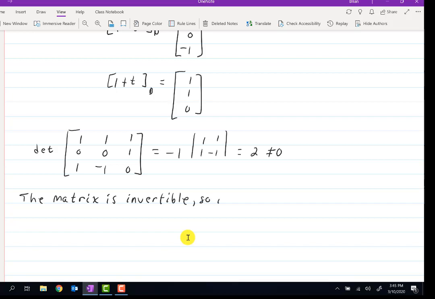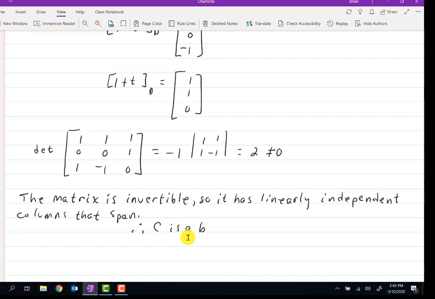So it has linearly independent columns that span. Therefore, C is a basis for P sub 2.